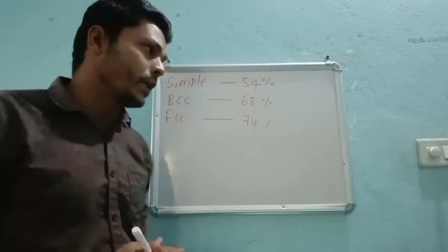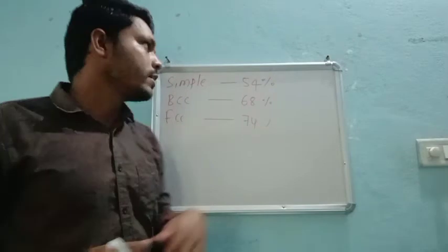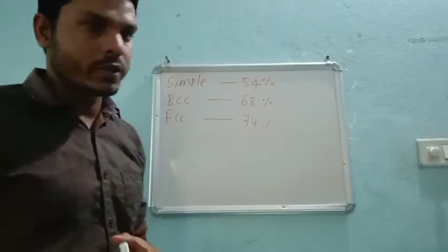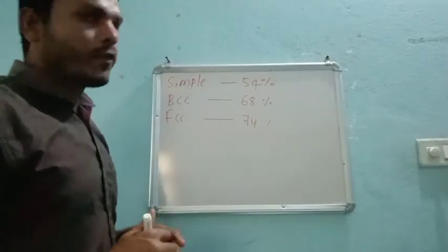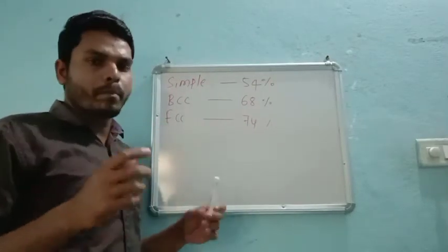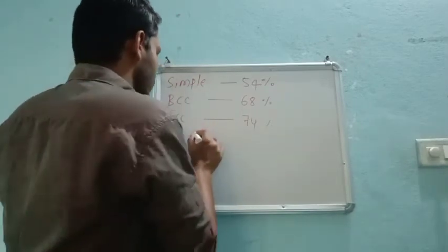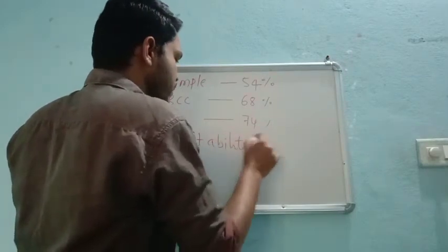So what does it mean? If it increases, what happens? That is the point. This type of question you might see in your competitive examinations. For that, I'm just taking 2 minutes of yours. So if the packing efficiency increases, then the stability increases.